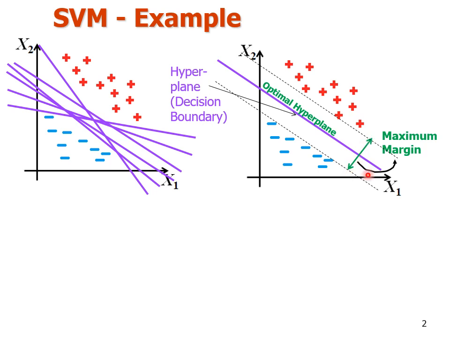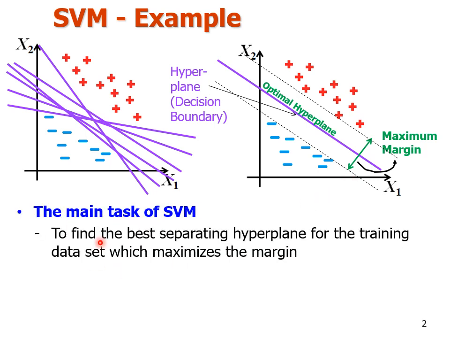You can visualize the concept in this figure towards right. So, the main task of SVM is to find the best separating hyperplane or decision boundary for the training data set that maximizes the margin.